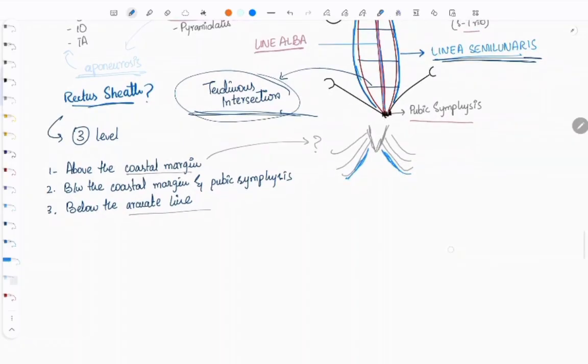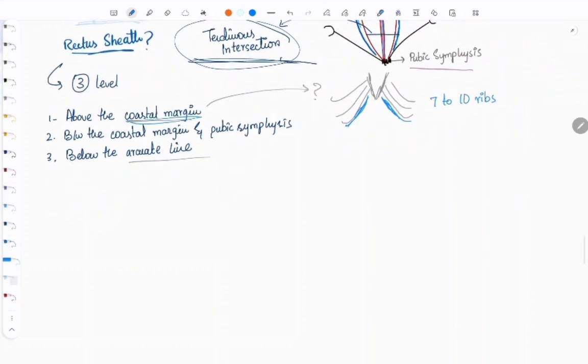The lower curved edge of the thoracic cage, which is formed by the cartilages of 7th to 10th rib, is known as the costal margin. It is an imaginary line.